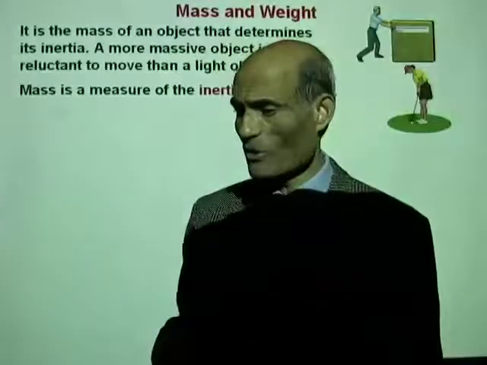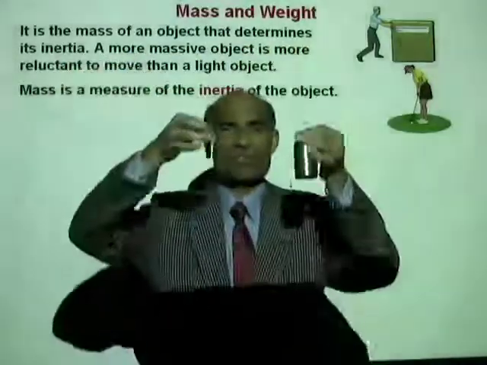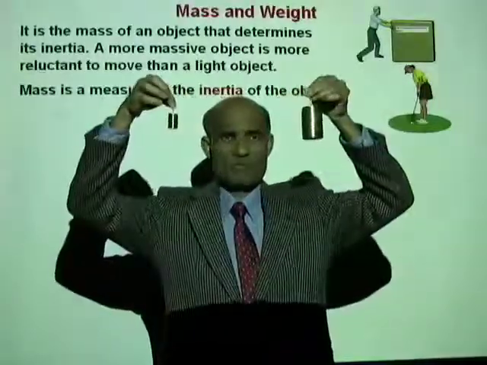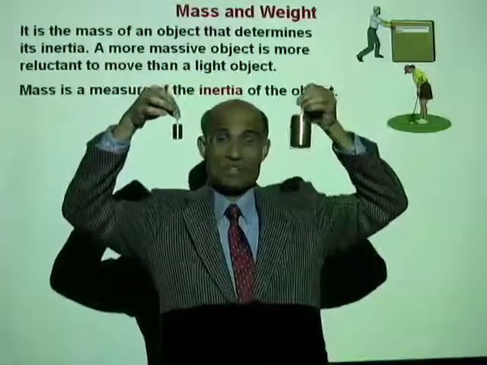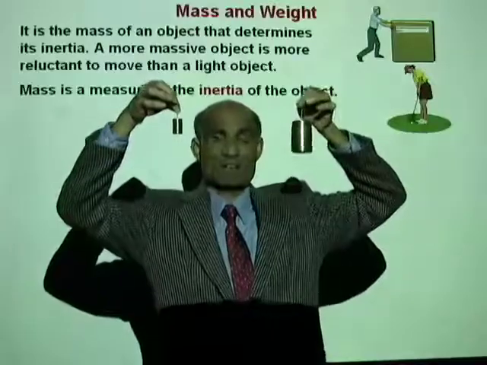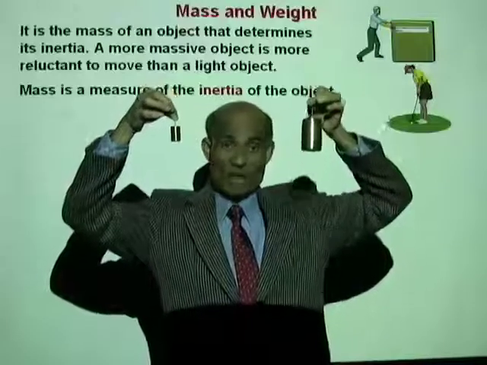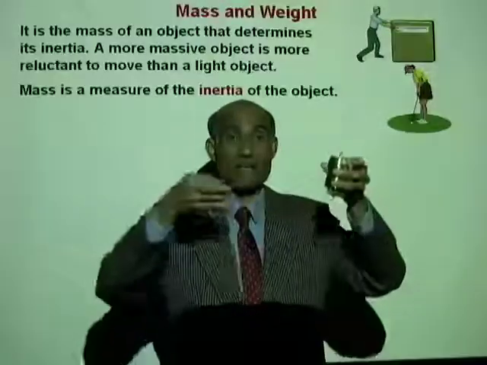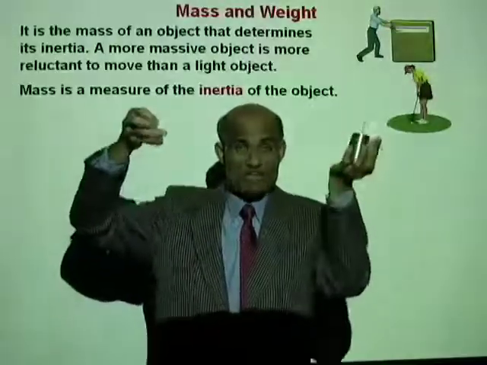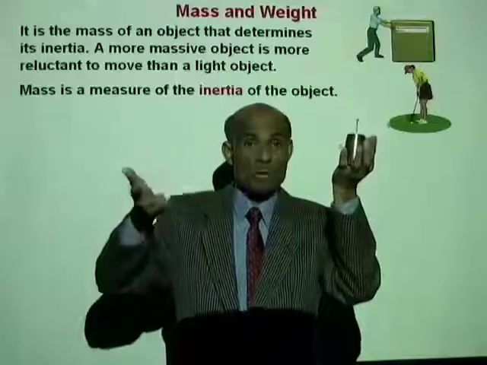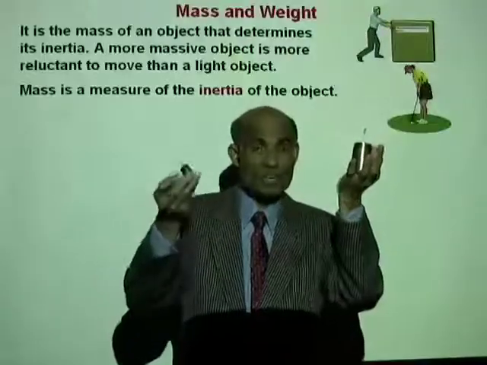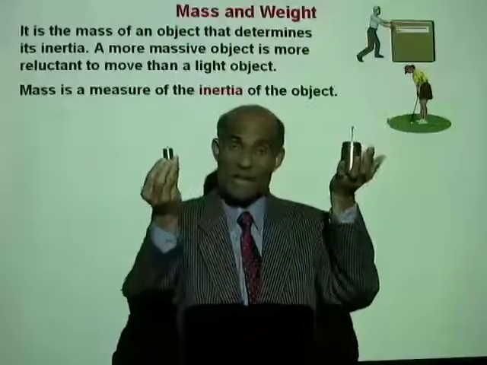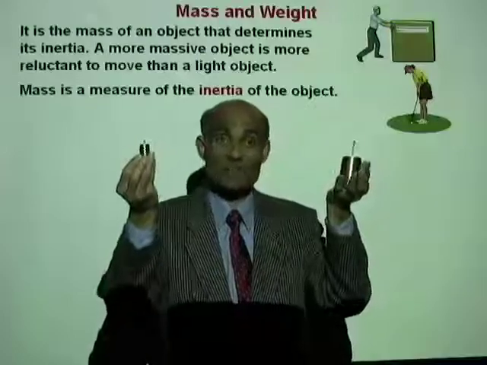If you now look at these two masses, I have two masses here, which has greater inertia? Well, the one on my left hand, when you watch it, it will look like my right hand. Well, this has a greater mass because it has a greater inertia. This has a lesser mass, it has less inertia.